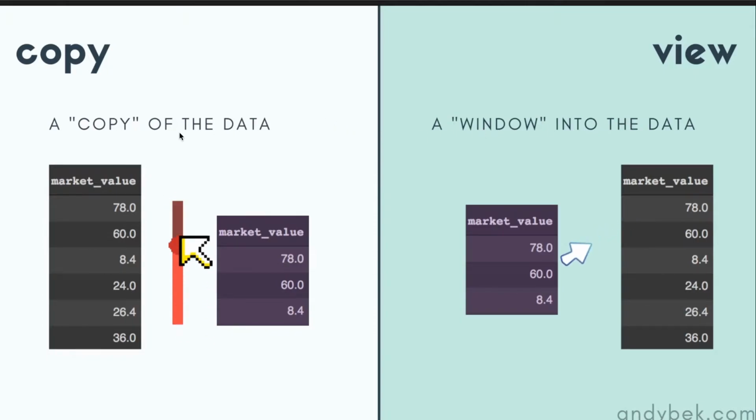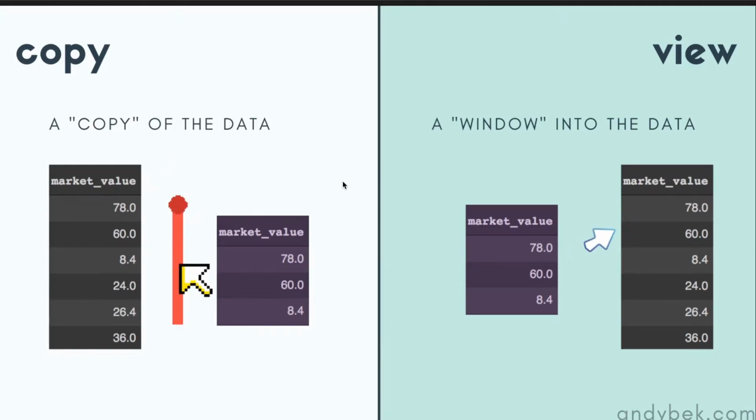A copy, on the other hand, is a replica of what's in the data frame. It may be a different one, or it may look very similar. It might even be exactly the same shape, including all the rows and all the columns. But it's still a copy. At the end of the day, it's a different, distinct object. So if we change the copy, we don't affect the underlying data frame.